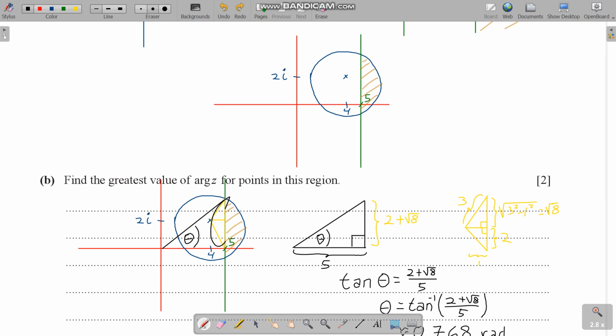So I'm redrawing the yellow triangle over here. First of all, we know that this is the center of the circle, this is the circumference, so this length must be 3.